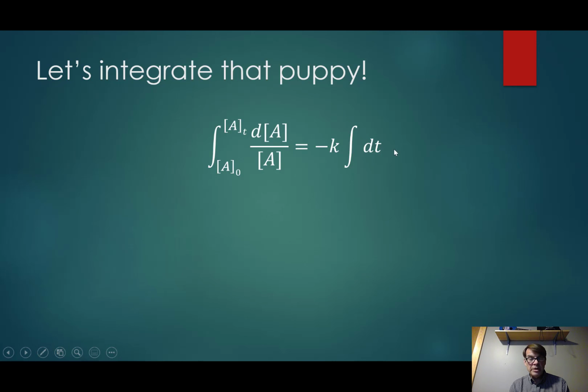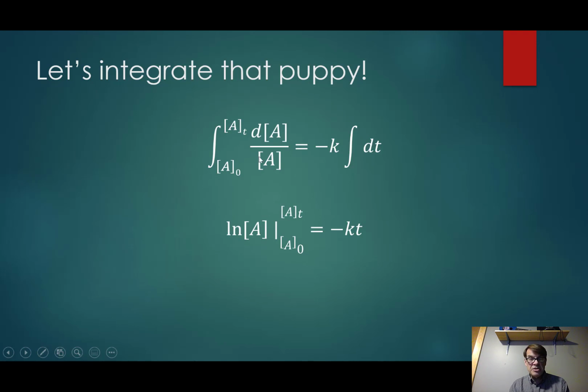Well, if you know calculus, you know that the integral of dt is simply t. So the right side is going to end up negative kt. And then on this side, we know that the integral of dx over x is the natural logarithm of x. That's just something you learn in integral calculus.